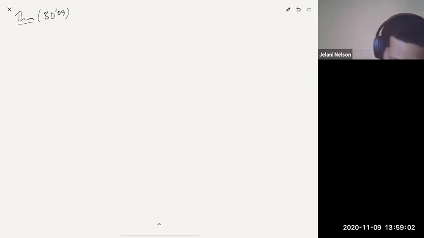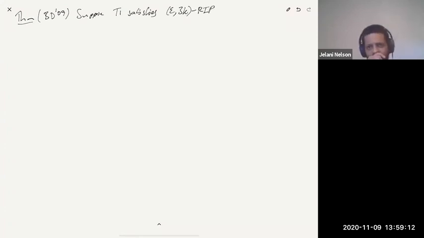The theorem says, suppose Φ satisfies (ε, 3k)-RIP, for ε less than 1/4 times some constant that's going to come up in the analysis, similarly to when we were analyzing basis pursuit.